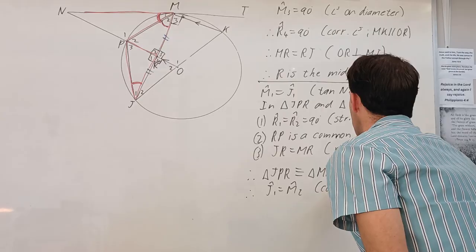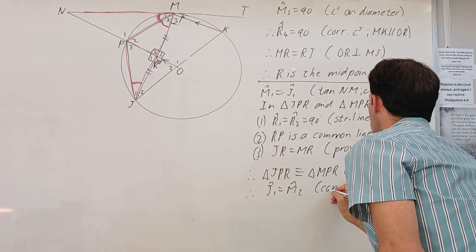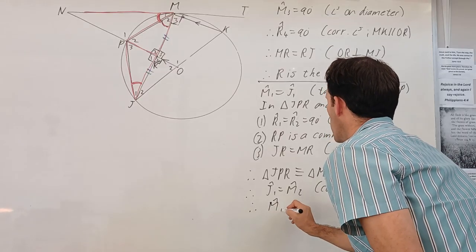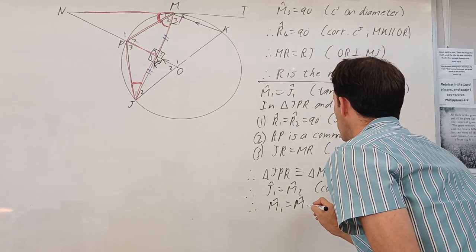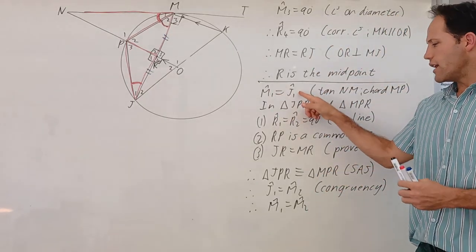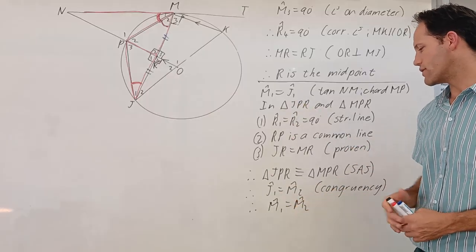Now, reason: congruency. And therefore we can say that M1 is equal to M2. So M1 is equal to J1, M2 is equal to J1, and therefore M1 is equal to M2.